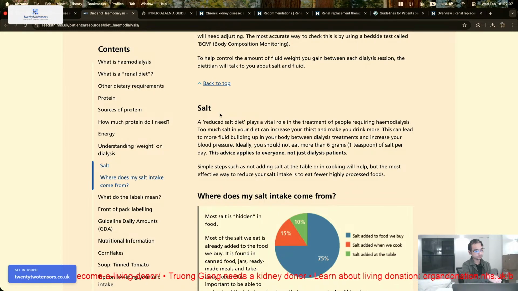But for example, in phosphate, there are two kinds of phosphate. One is absorbed into your body and one stays in the bloodstream. So on the food packaging, they will have a label of what percentage of phosphate will be absorbed into your body.